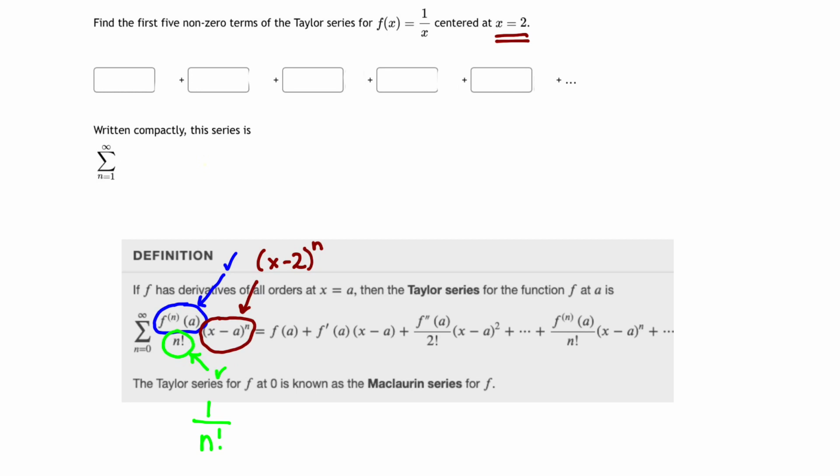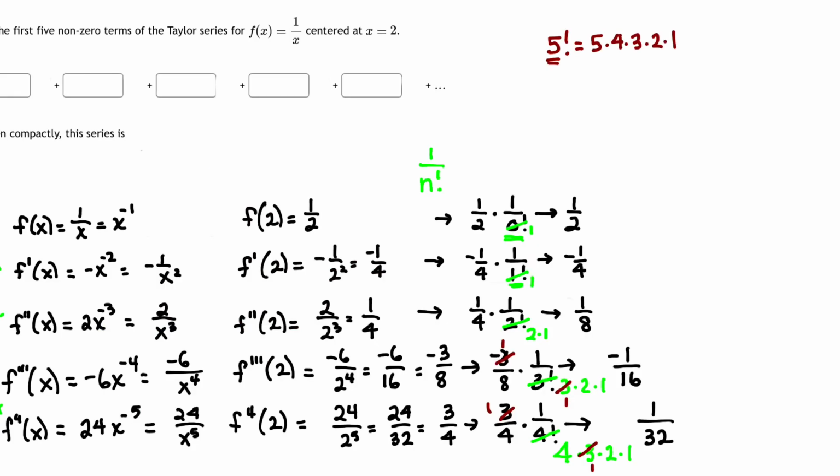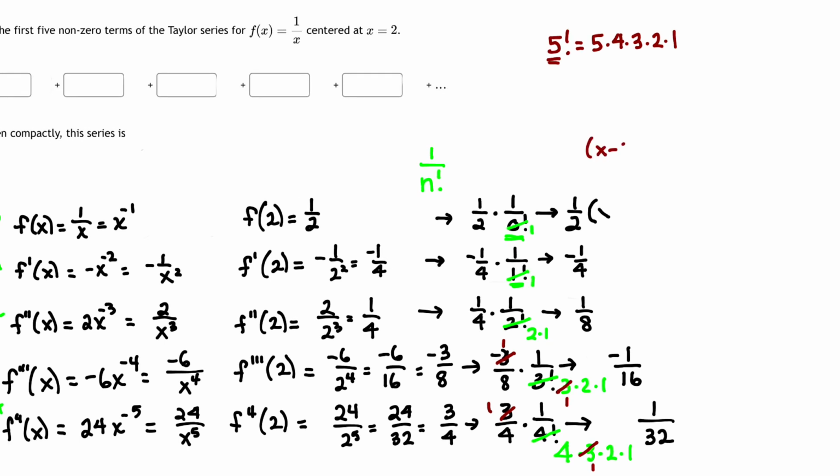So let's go back to our work. And let's continue. So now to get our first 5 non-zero terms, we must multiply by this x minus 2 to the nth. Let me write that down. We're multiplying by x minus 2 to the n, depending what n is. So for this first term, it's going to be x minus 2 to the 0th power.